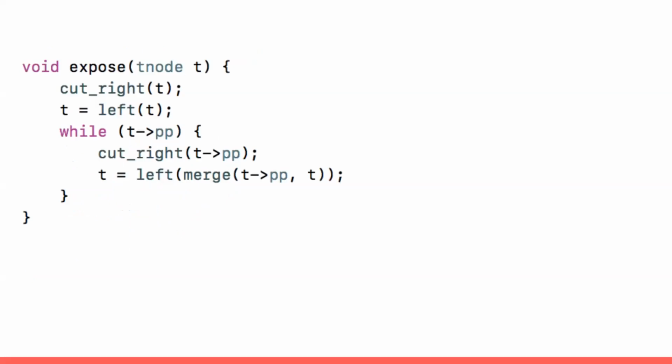Okay, and now let's look at the function expose. Our function expose will make sure that there is a path between this vertex and the root. And I didn't tell you one more thing.